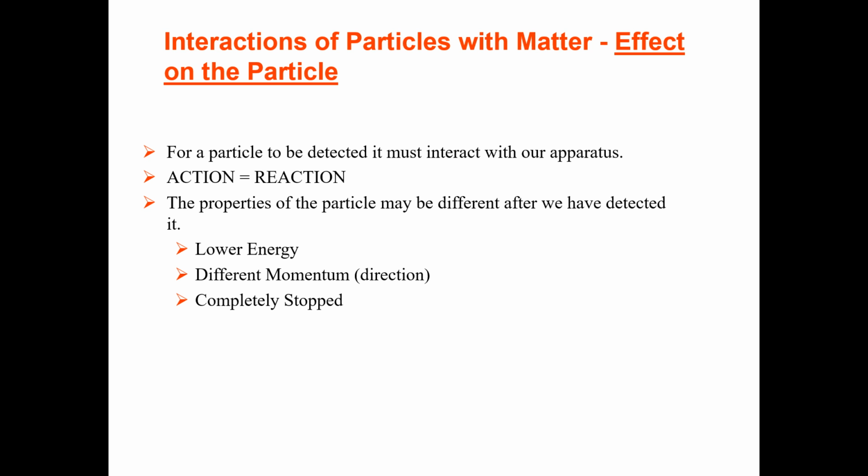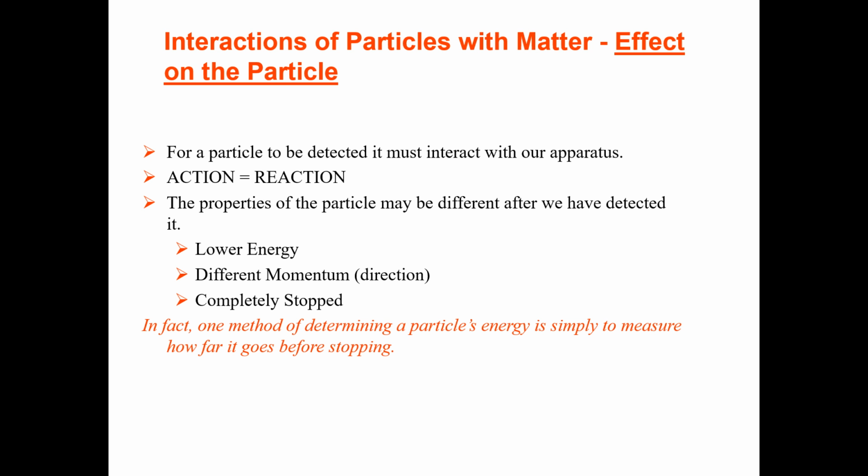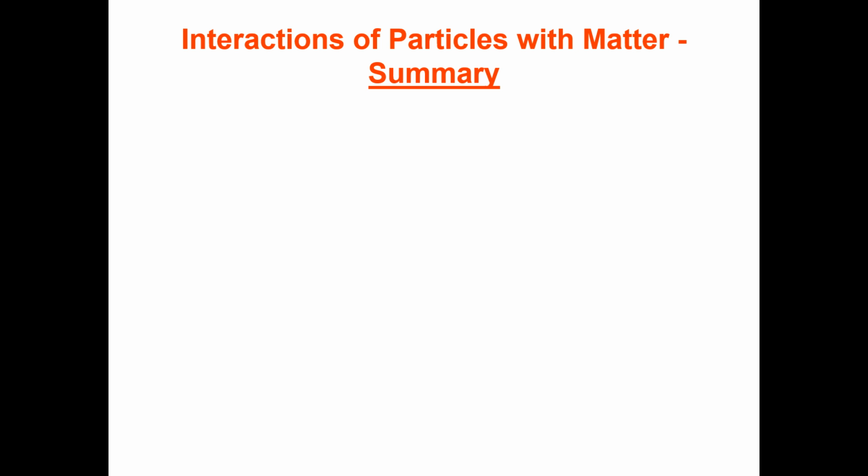That's why we say the properties may not be the same after it has been detected. In fact, one method of determining a particle's energy is simply to measure how far it can go before stopping.